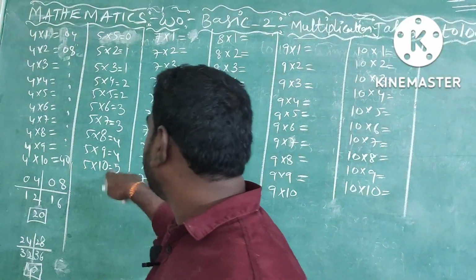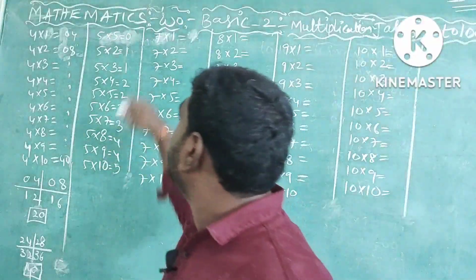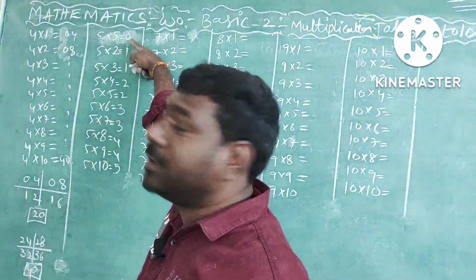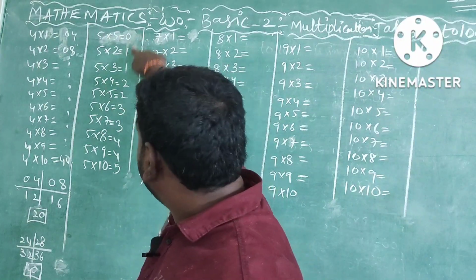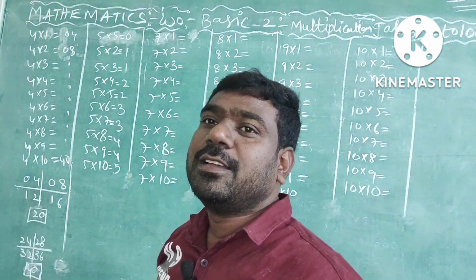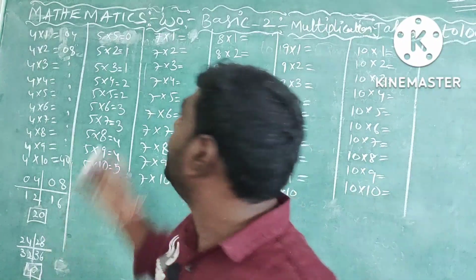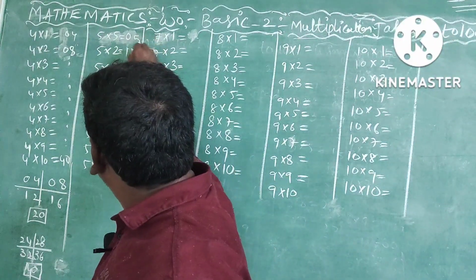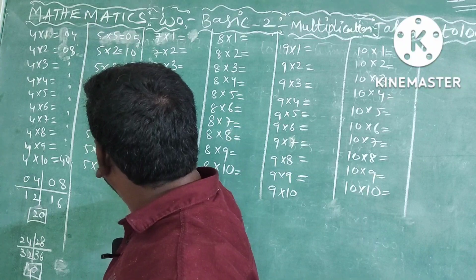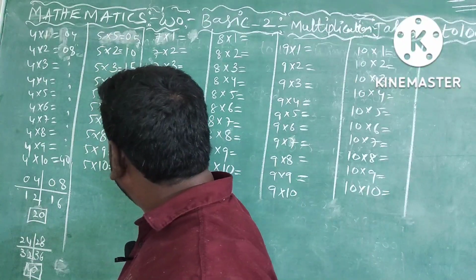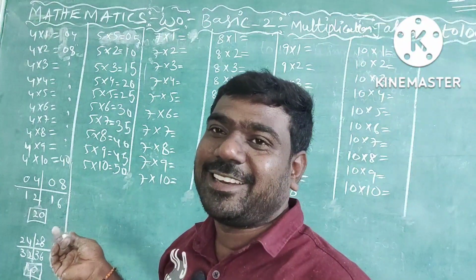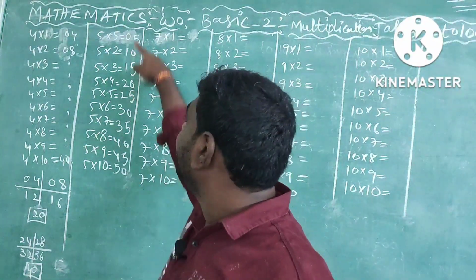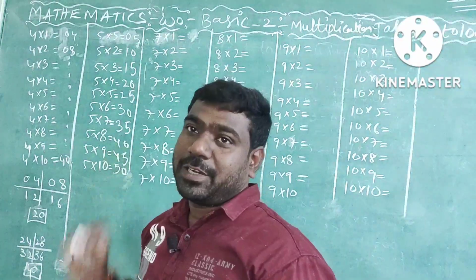Here there are no more numbers up to the end. Very simple. Start with 0, then repeat 1 1, 2 2, 3 3, 4 4. Next, in this place, write 5 0 5 0 5 0 5 0 5 0. So you will get the answer. Very easy, not tricky. This is the trick for the 5 table.